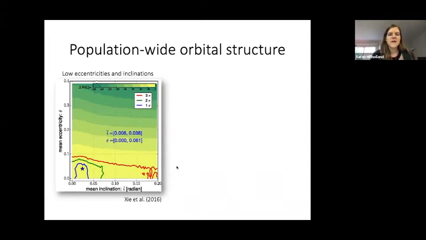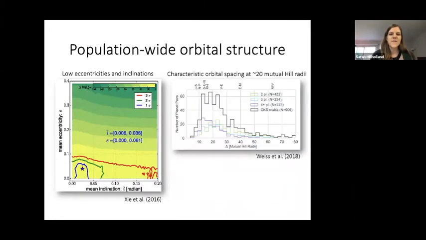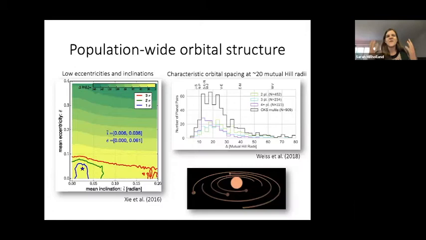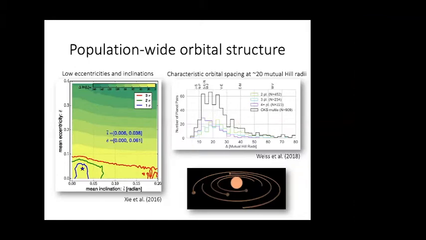In addition, the distribution of orbital spacings between planets in these multi-planet systems peaks at around 20 mutual Hill radii, and they tend to have fairly uniform spacings within a given system. This again signals the preponderance of these highly structured, evenly spaced, not very complex systems.